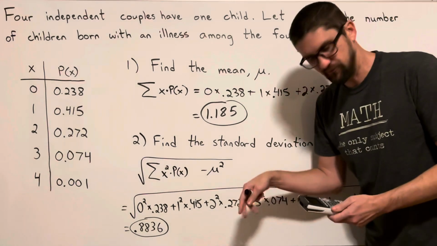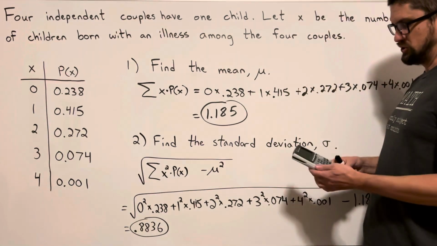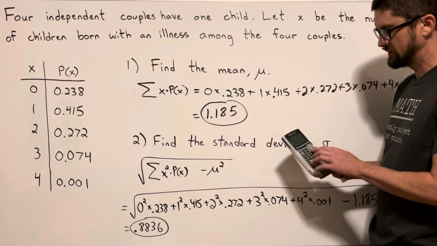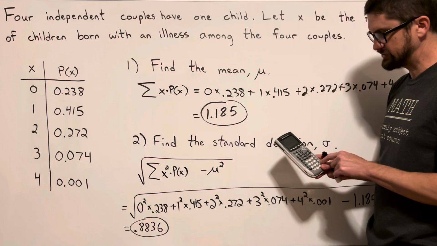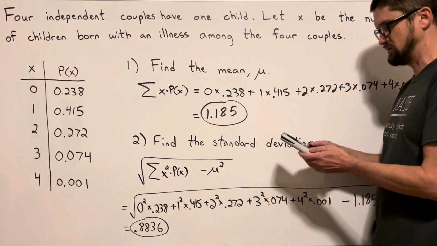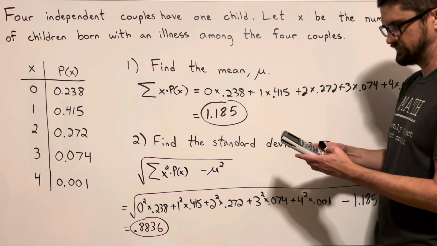If you don't like using the formulas, what you could do is hit the stat button if you have a graphing calculator. It pulls up edit, push enter on edit, and you can put the lists in the calculator, 0, 1, 2, 3, 4.